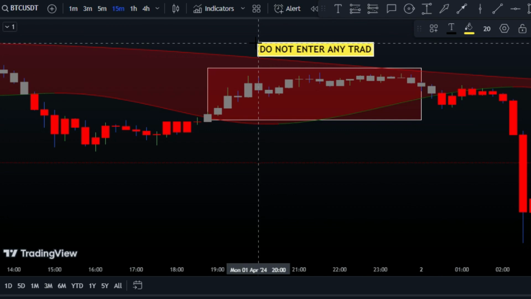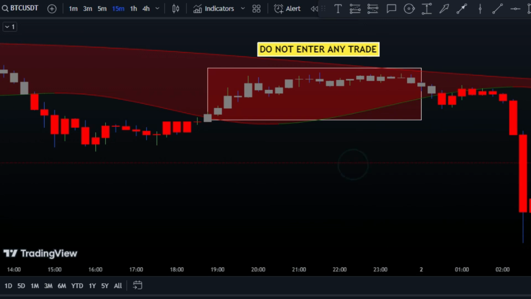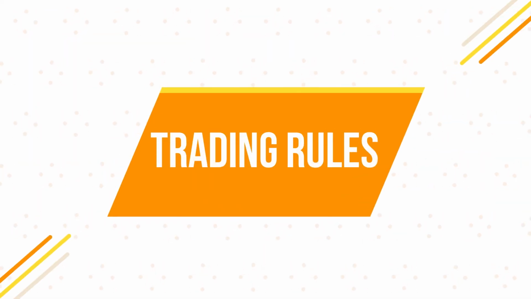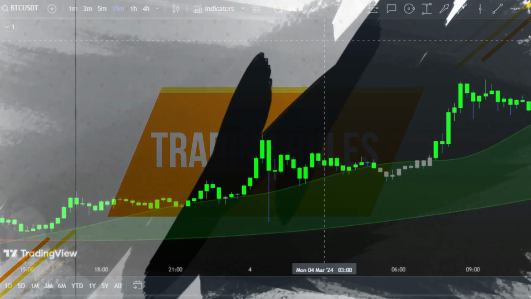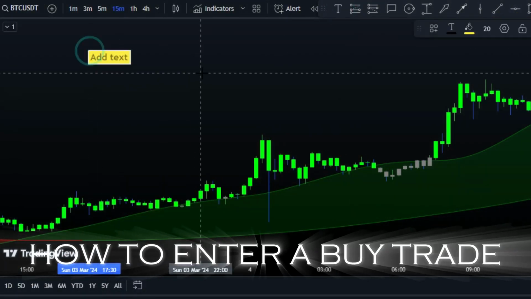Now that we understand the indicators, settings, and their individual functions, let's dive into the simple trading rules, starting with the buy trade rules. First, look for a green histogram bar following a series of other colored bars. This is your buy signal.